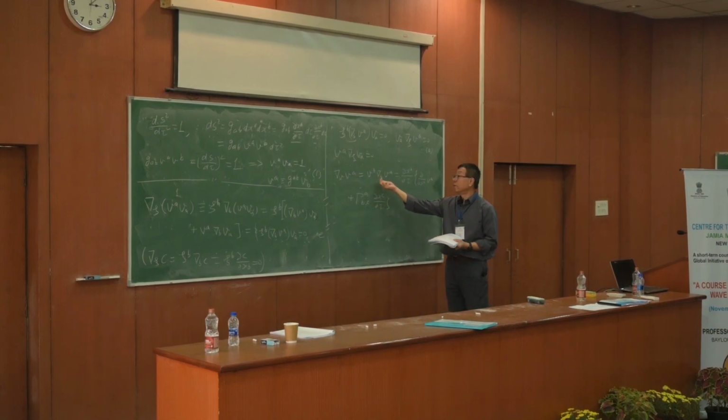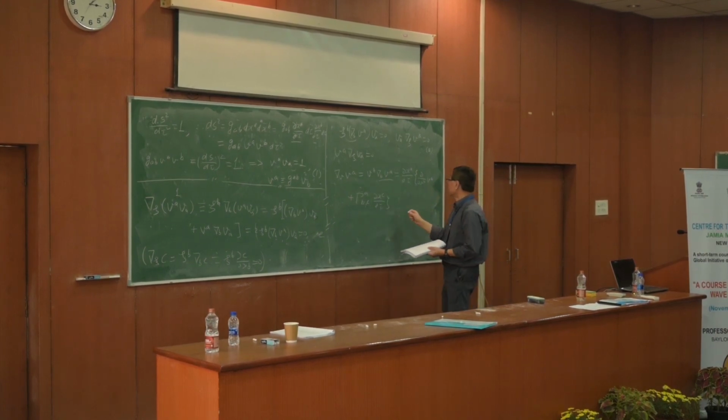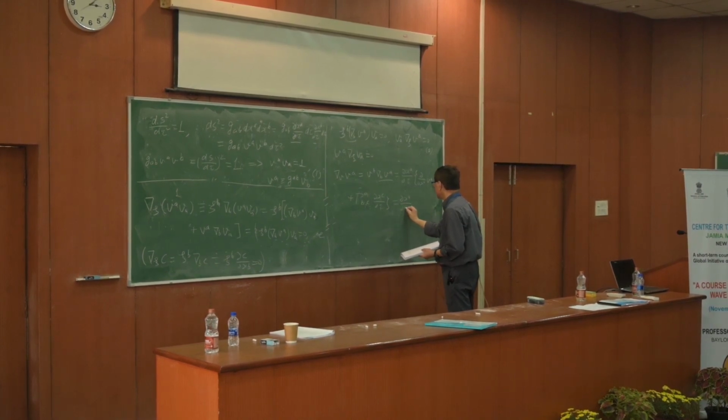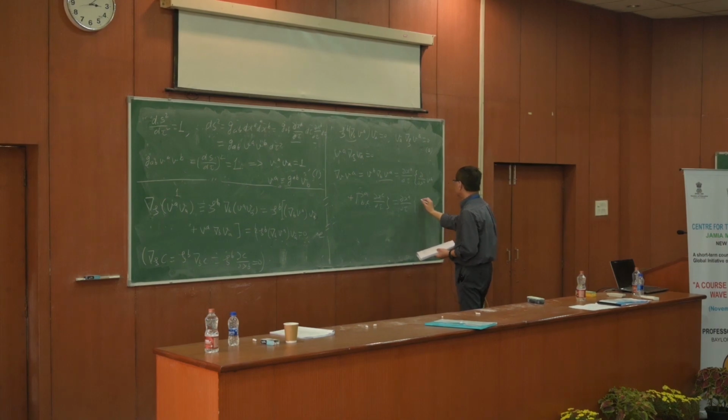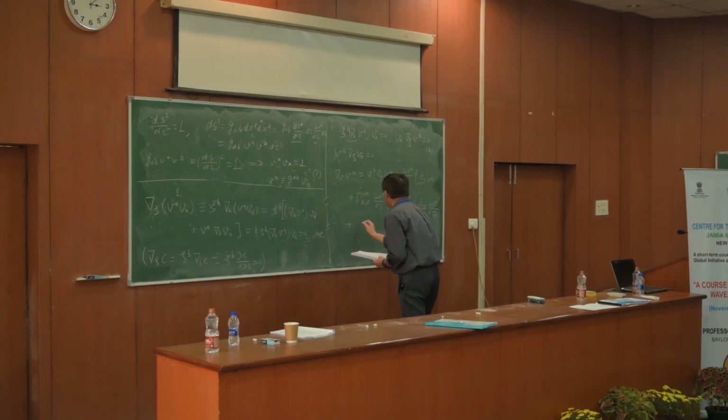Correct? So I just write this one and this one. So this will be dx A over d tau plus d dx d, and again this will be dx A over d tau, right? Plus gamma A B C dx C over d tau.